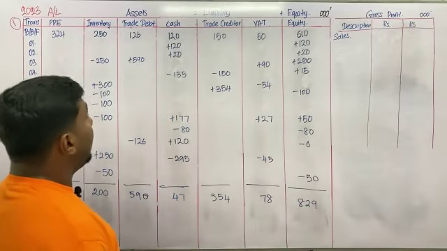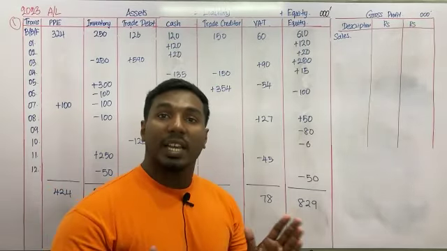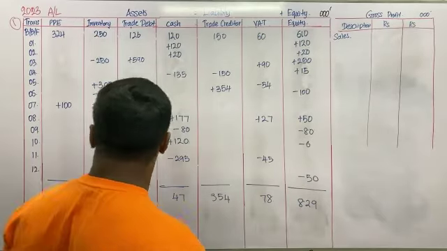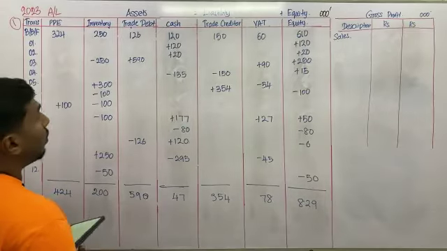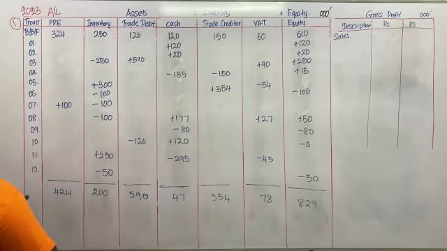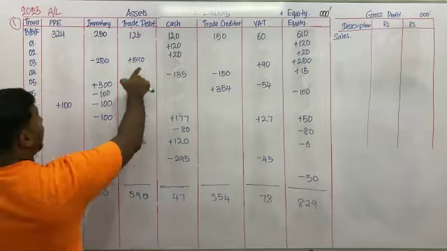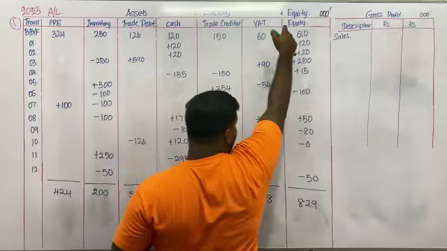Let's find the transaction which is an actual sale. Okay. So let's find the transactions of sales. How to find the transactions of sales? Sales transactions have inventory minus, cash or trade debtors plus, as well as the equity plus.